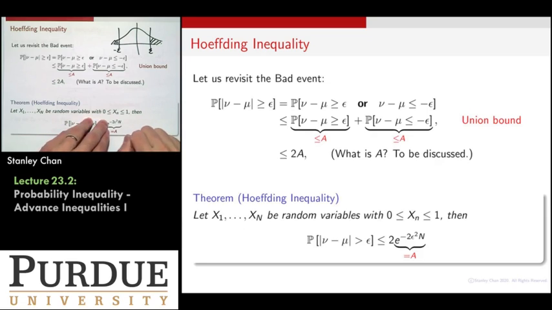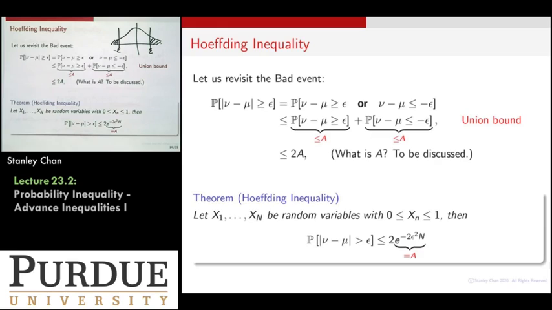Okay, so now we can deal with this 2 here. You can ask, what happens if my epsilon is very small and my n is also very small, so small that they're so close to 0? Then you have 2 times something, 2 times 1, then you have 2. Then isn't it just that the probability is less than 2? How can that be possible?